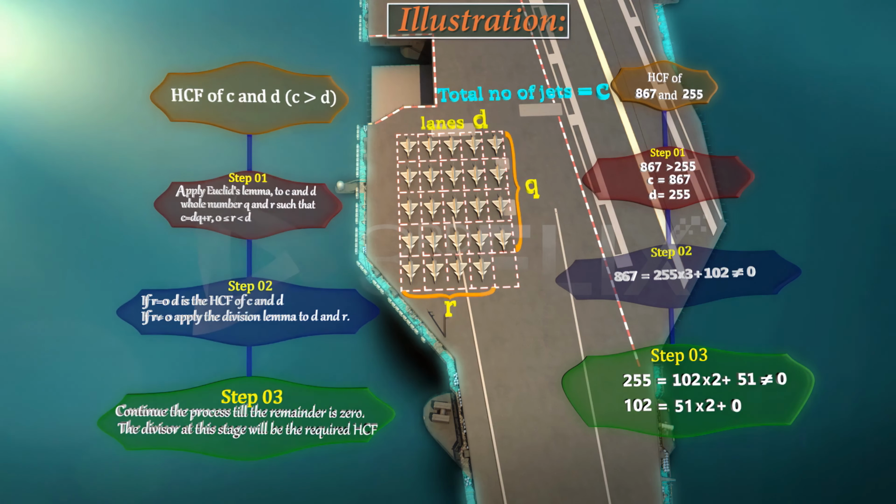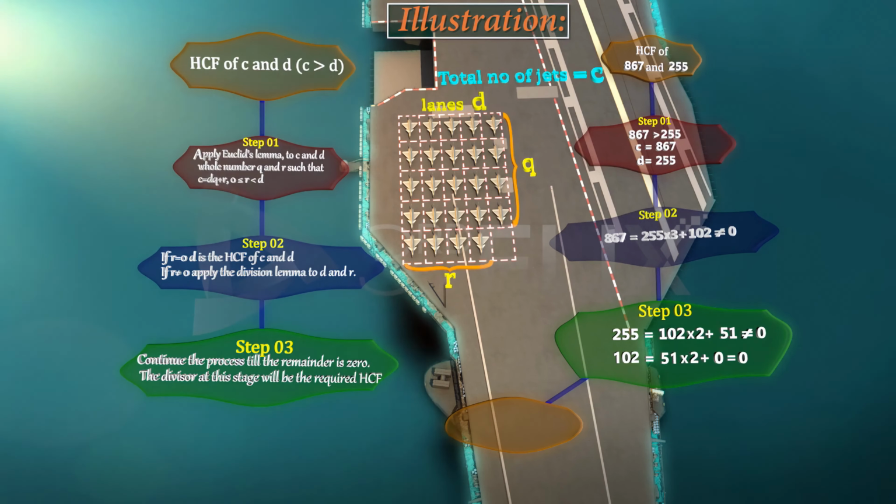Here we observe that the remainder is equal to 0, so the procedure stops and the divisor at this stage is 51. Therefore, HCF of 867 and 255 is equal to 51.